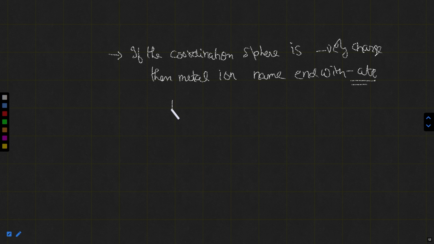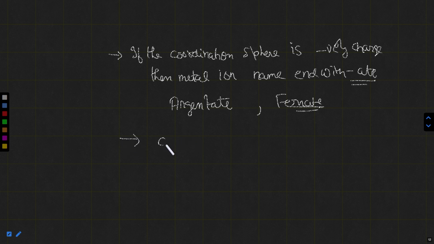But two are the exceptions. We will not write it directly, right? For argentate, that is for silver, and ferrate, that is for iron. So we have just used the Latin name rather than the normal name.